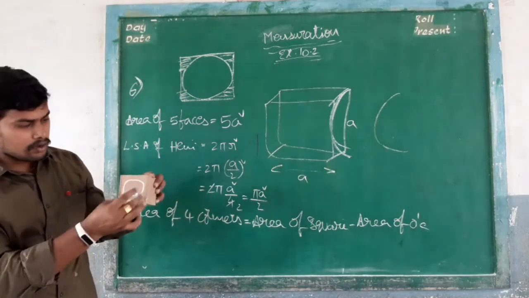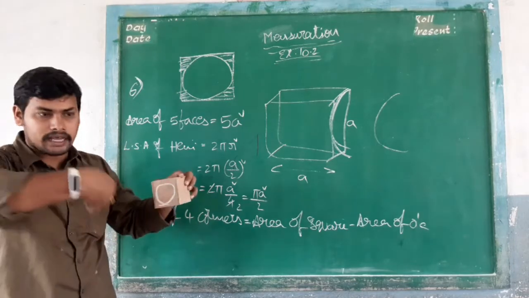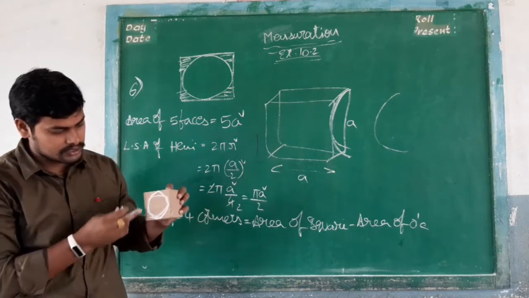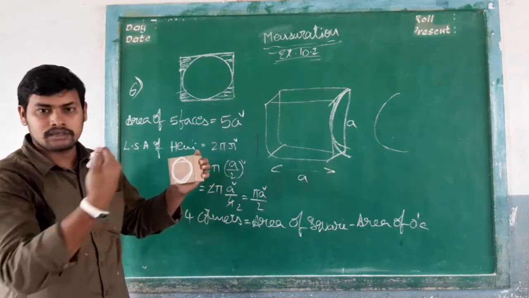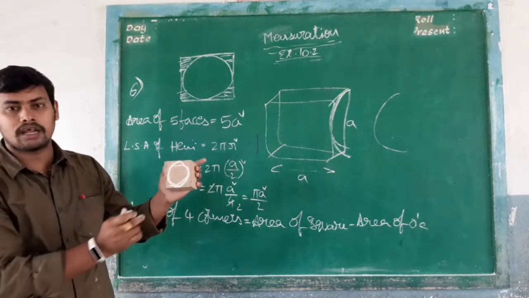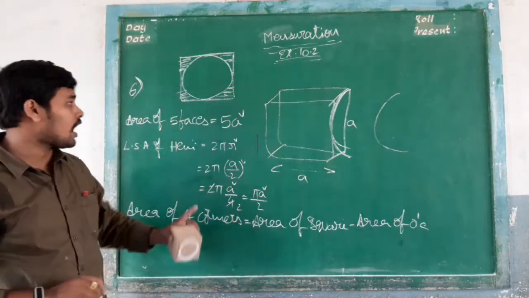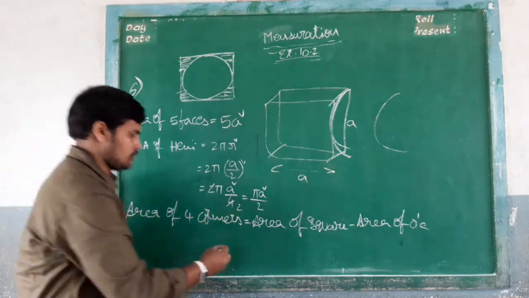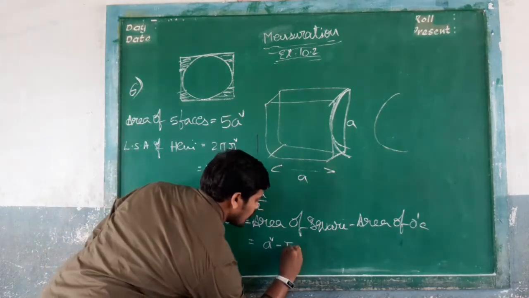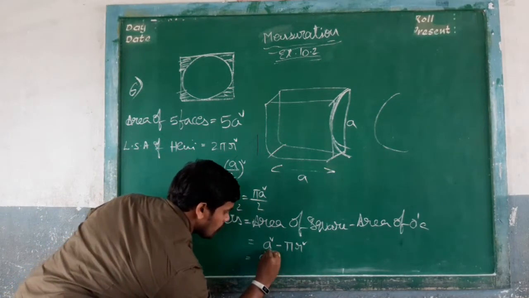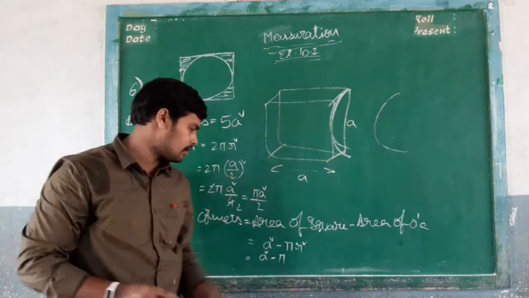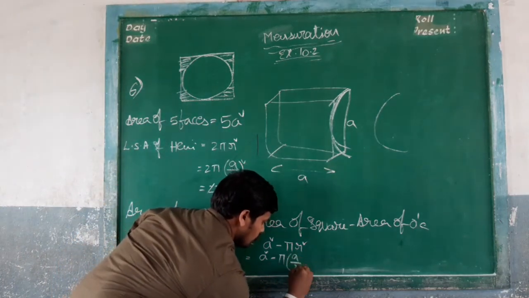Whenever you scoop with a spoon, the shape of this face is like this, so there are 4 corners. We already know the area of the square is A square. So A square minus the area of the circle, formula pi r square. So A square minus pi, and what is the r value here? The r value is A by 2, A by 2 whole square.